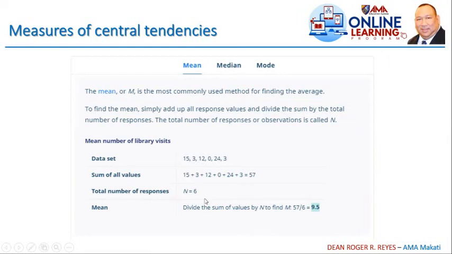We have 6 responses. All we have to do now is to divide the sum of values by N. So to find M, 57 over 6. And we get the mean as 9.5. Therefore, from the data set, the central measure of tendency, the average or mean, is 9.5.